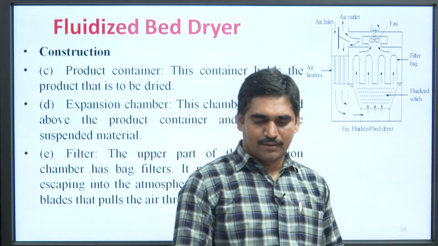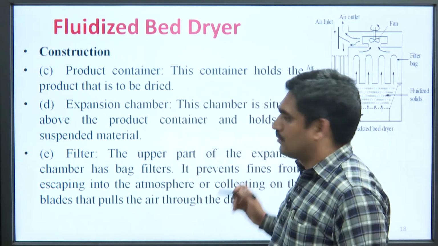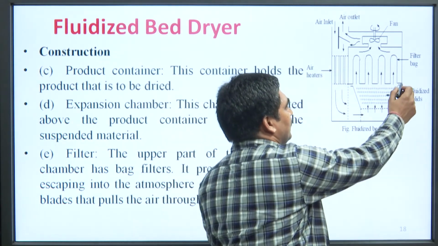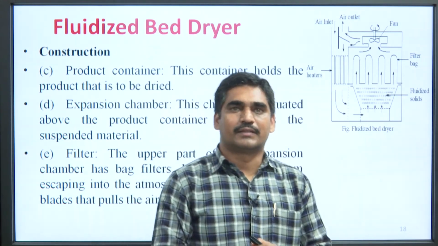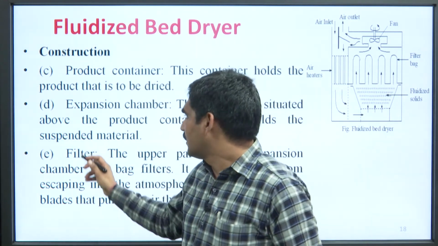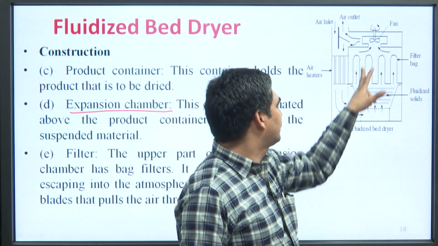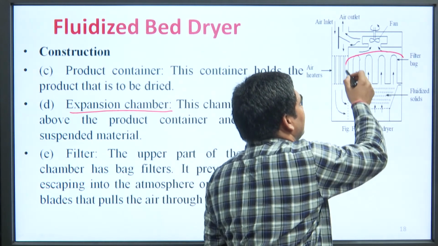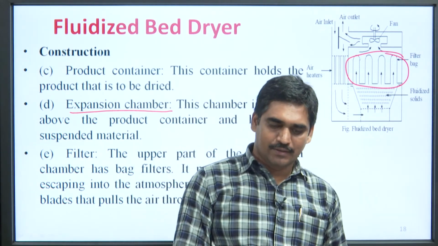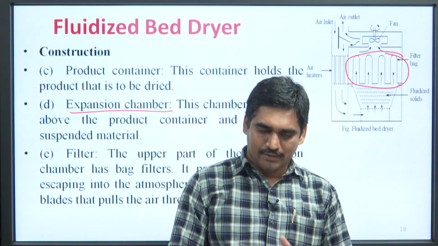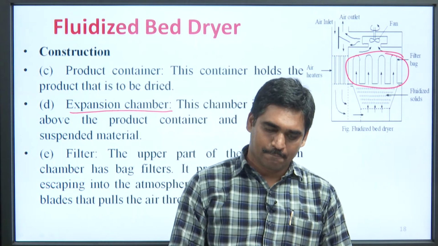Then the product container, which holds the product that is to be dried. Next is the expansion chamber. This portion is called the expansion chamber. The chamber is situated above the product container and holds the suspended material.